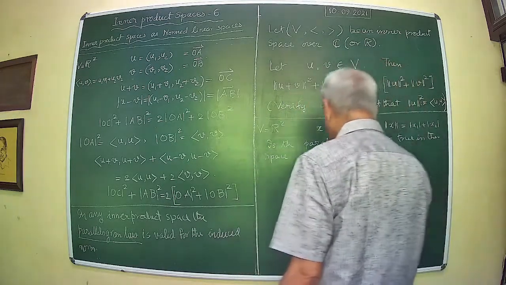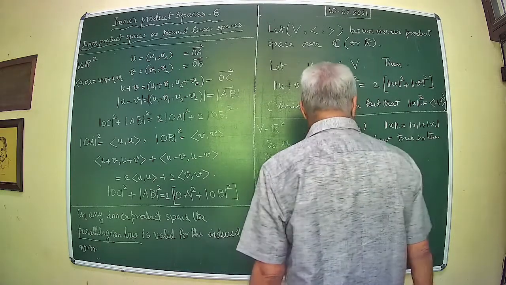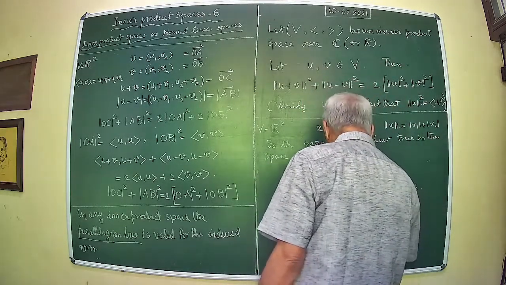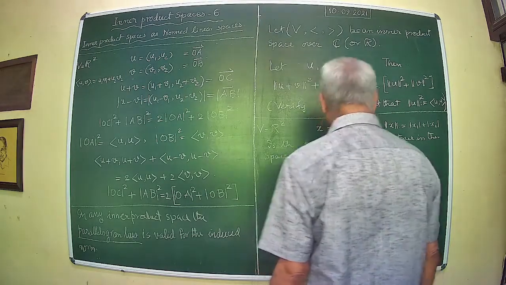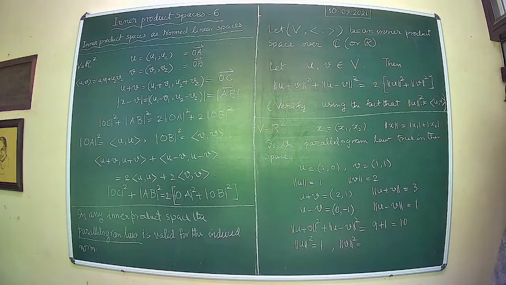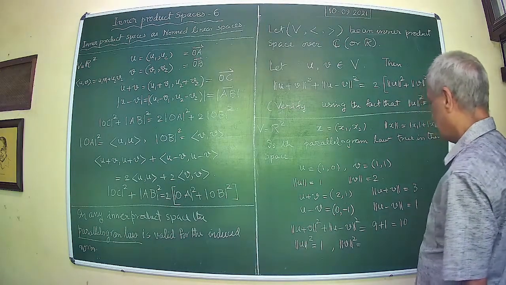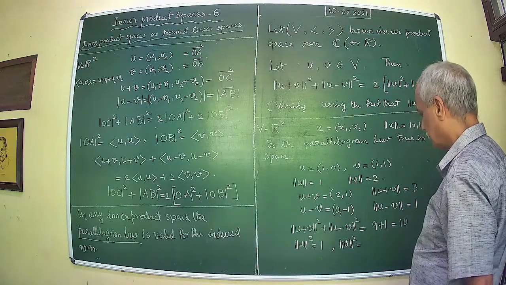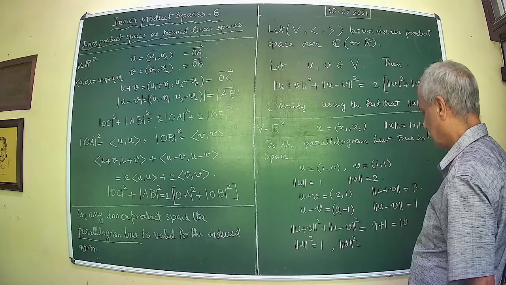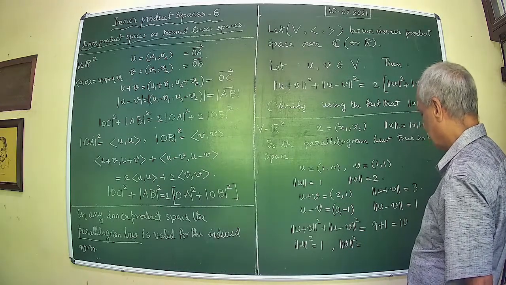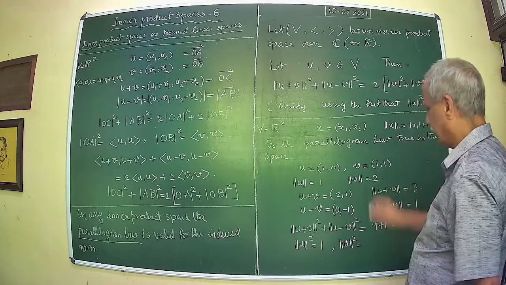Norm of u square equal to 1. Oh, I think these vectors do not give you the result.